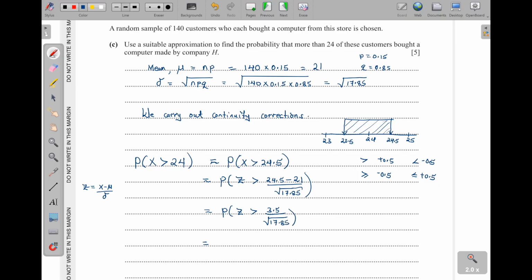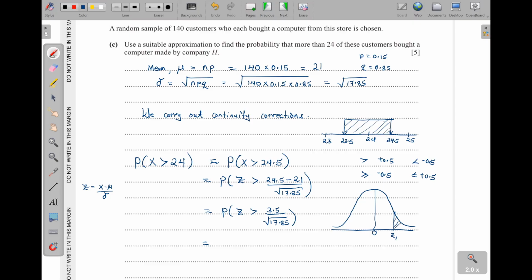Now, you can write this one as a decimal and give it to 3 decimal places, because when we go to the normal distribution table, we must use z given to 3 decimal places. So they want greater than. Now this value here is on the right of the mean. The standardized mean is 0. So let me say that is z1.